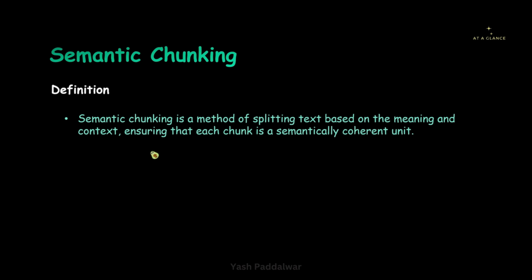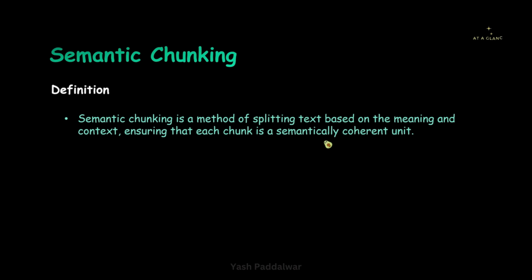Let's say we have a text file which contains 5 paragraphs. The first 3 paragraphs are talking about one particular topic, and the last 2 paragraphs are talking about another particular topic. So, with semantic chunking, there will be two chunks created out of the text file. The first 3 paragraphs will be a part of the first chunk, and the last 2 paragraphs will be a part of the next chunk.